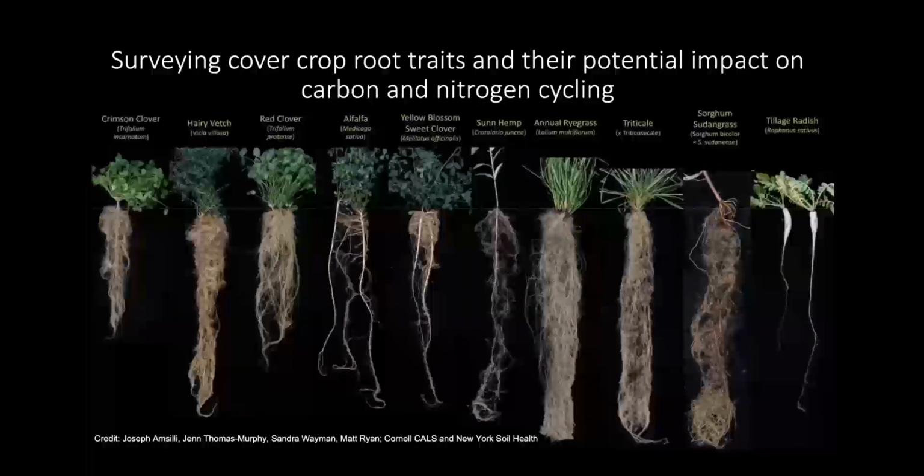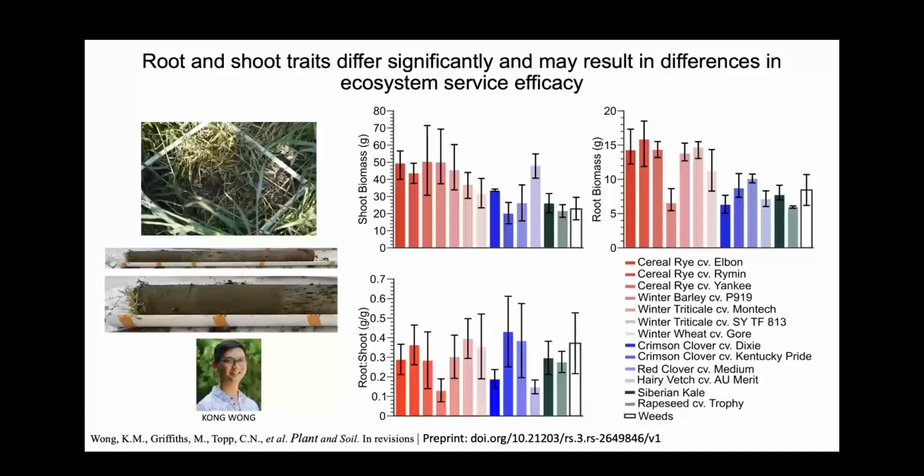So we've done some preliminary work. And what we realized is that in the literature, there's obviously a lot of work on cover crops. A lot of it's agronomic. Some of it is phenotypic and more plant sciencey. But the knowledge base of above and below ground phenotypes across many species of cover crops doesn't really exist.